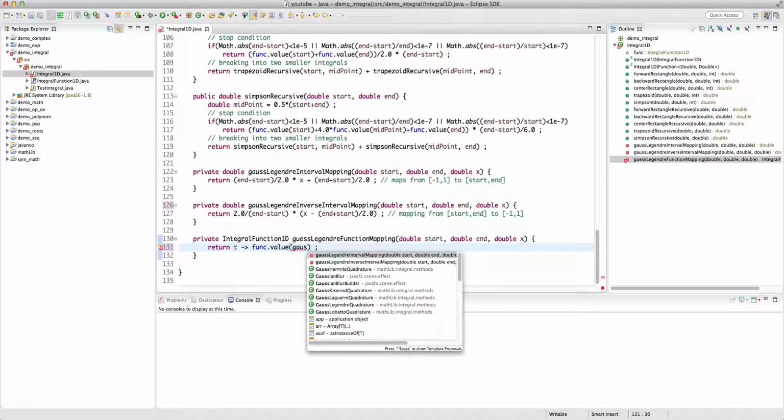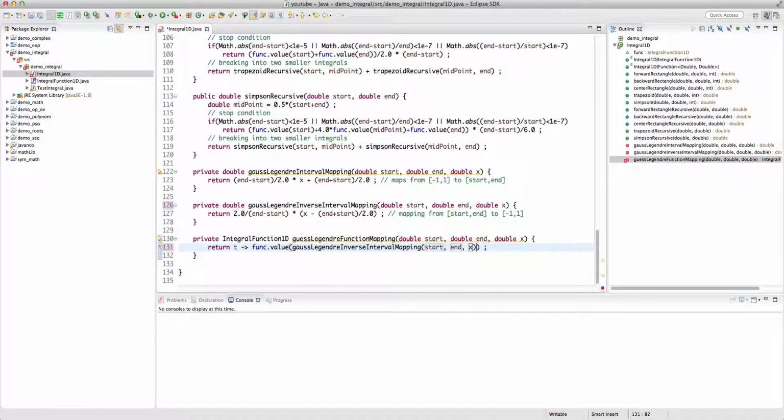So Gauss-Legendre interval, inverse interval mapping start end. All right, let's remove this and t.